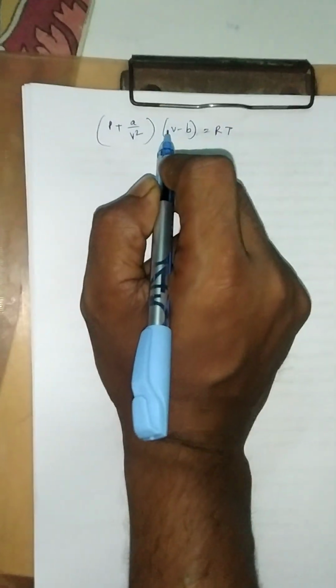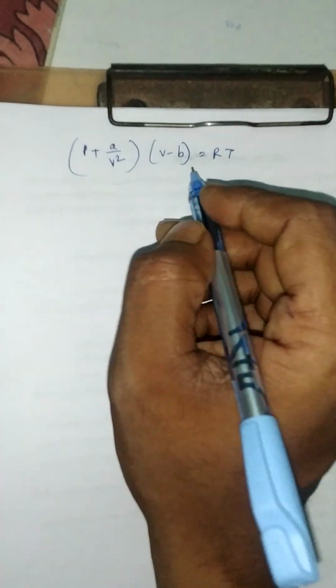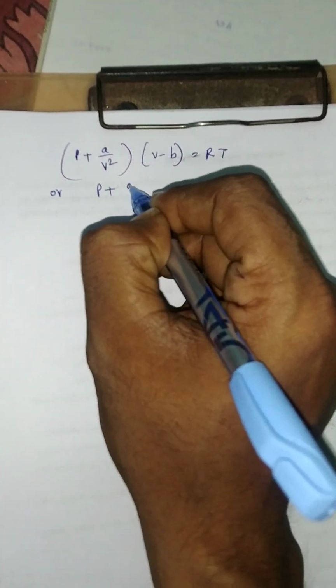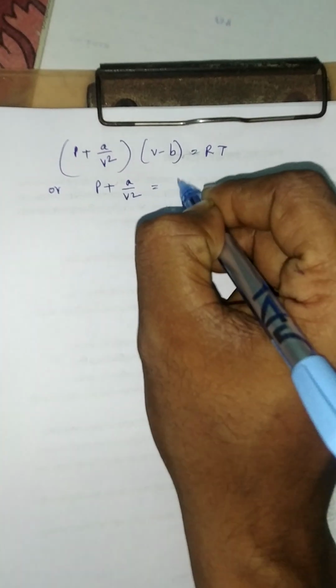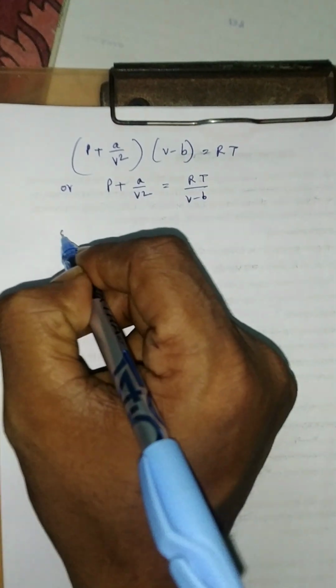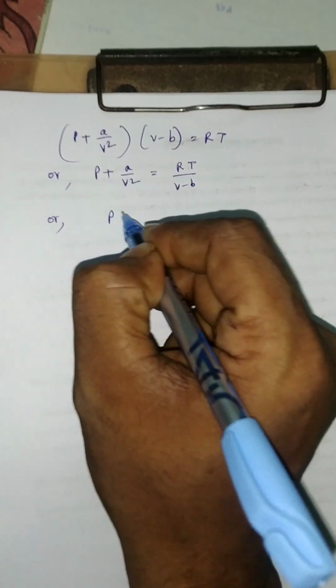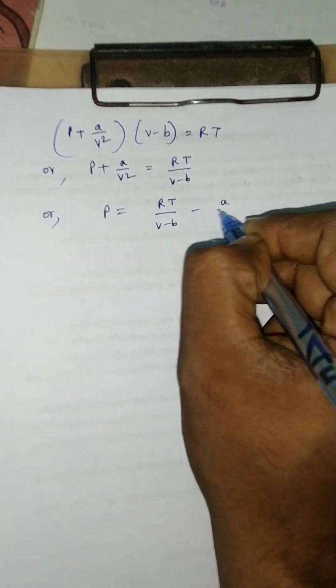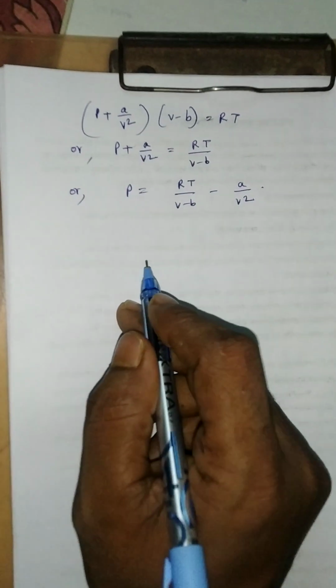This is the real gas equation or Van der Waals equation for 1 mole gas. Next, P plus a by V square we can write as RT by V minus b, or P equals RT by V minus b minus a by V square.